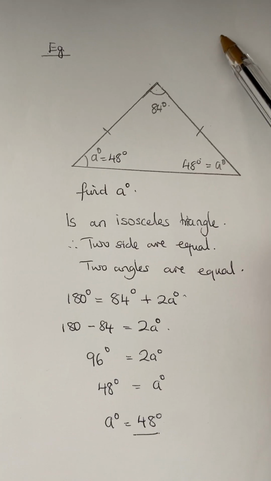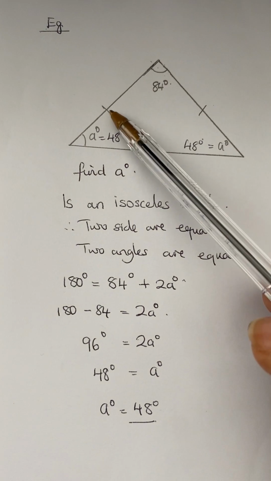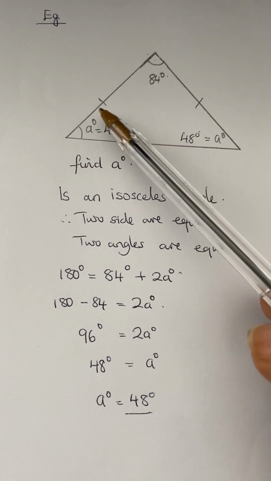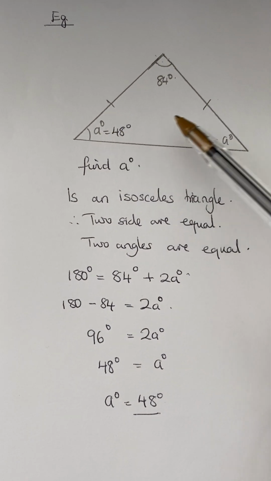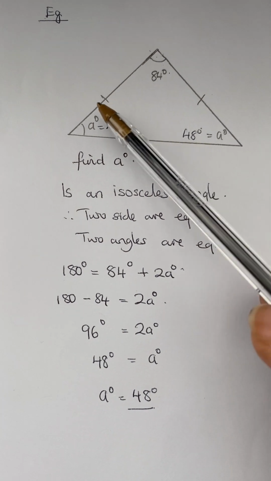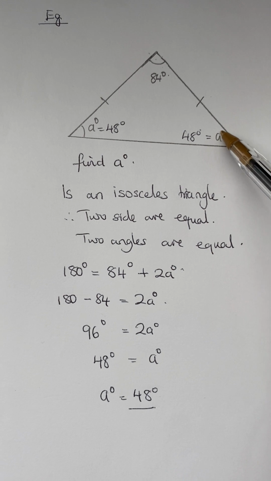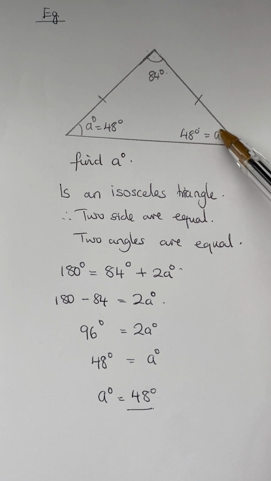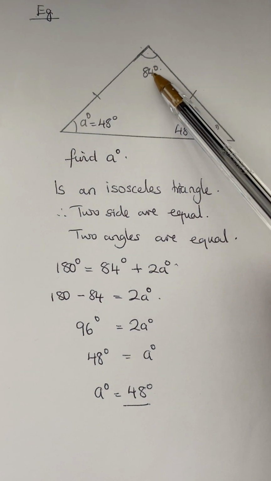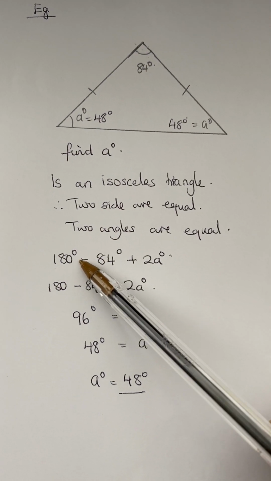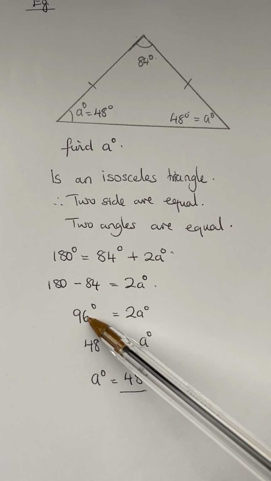Another example here. We have a triangle again. These two signs tell us it's an isosceles triangle, so two angles are equal. Because the sign is here, we know this angle and this angle are equal. Now we know this is 84. So straight away, 180 minus 84 will give us 96.